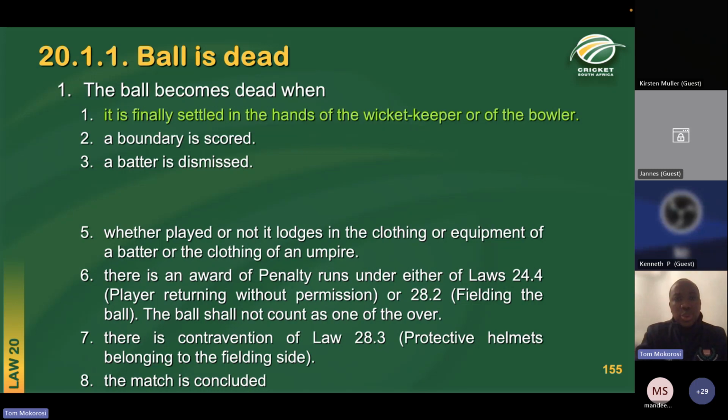Those of you who know and watch baseball, you'll know that you are able to dismiss more than one batter in the same delivery in baseball. That is not the case for cricket. Why? Because as soon as one batter is dismissed in a ball, the ball becomes dead and nothing further can take place on that delivery.